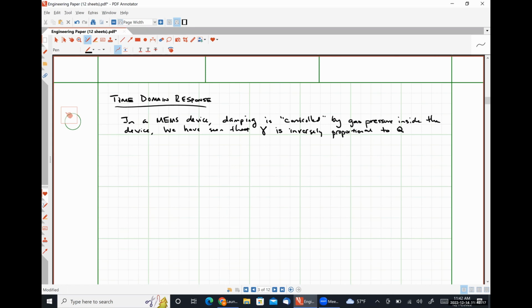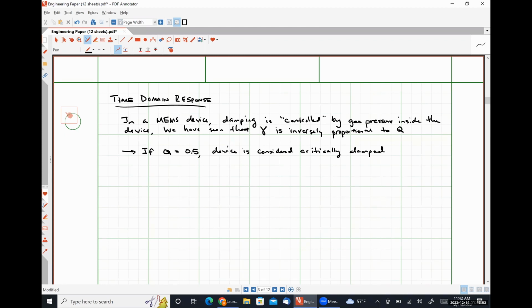So now we're going to talk about some conditions. If Q, our quality factor, is exactly equal to 1/2, our device is considered critically damped.